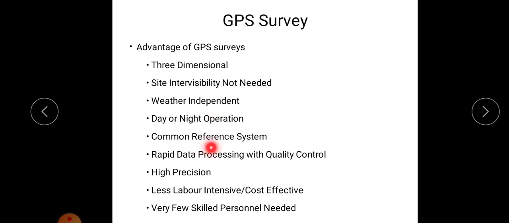There is a common reference system and rapid data processing with quality control. We get highly precise data, it is less labor intensive and cost effective, and very few skilled persons are needed. This is one of the most advancing techniques in survey.